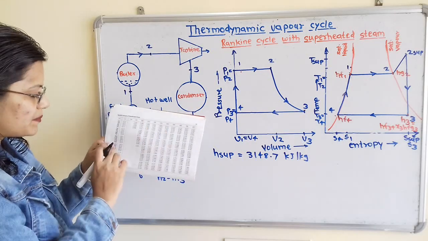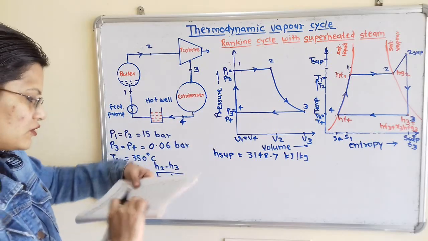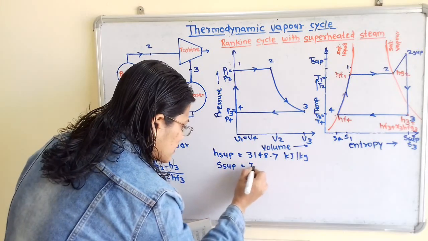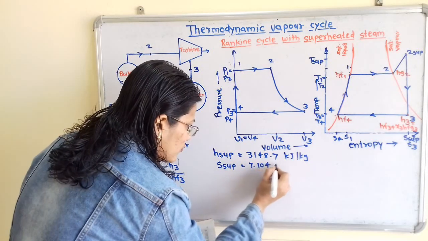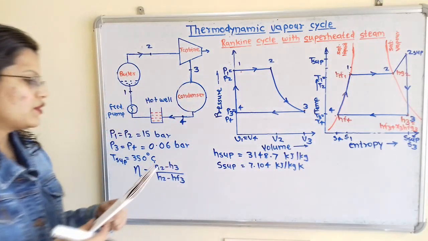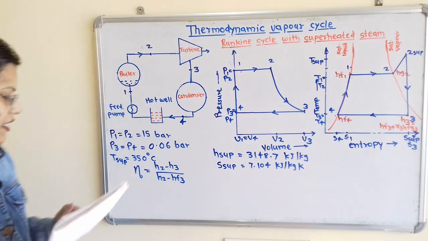So here is 350 and here is 15. It is 7.104, so S superheated is equal to 7.104 kilojoule per kilogram Kelvin. So the entropy and the enthalpy are both calculated.